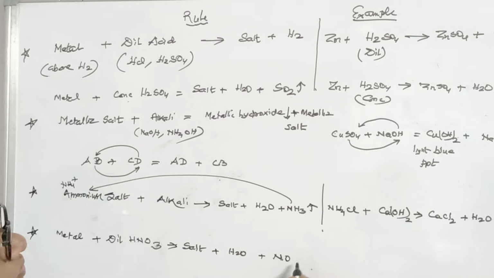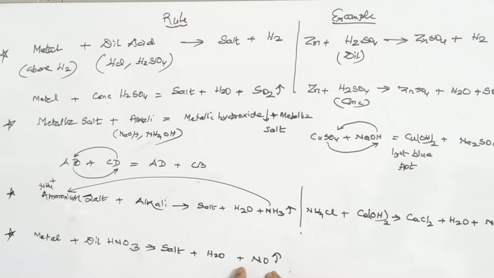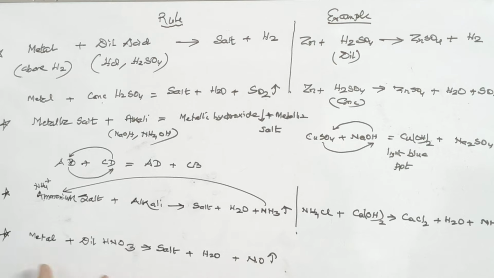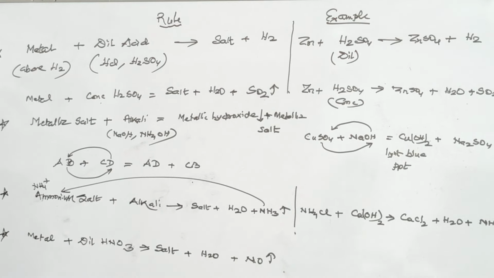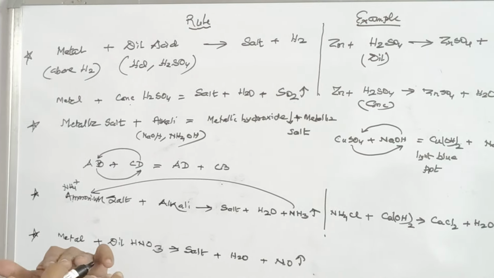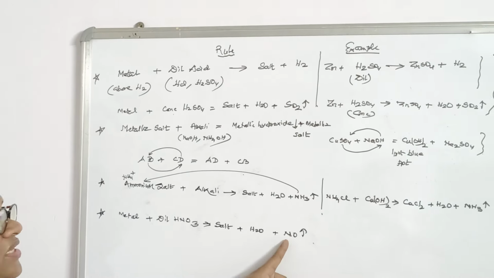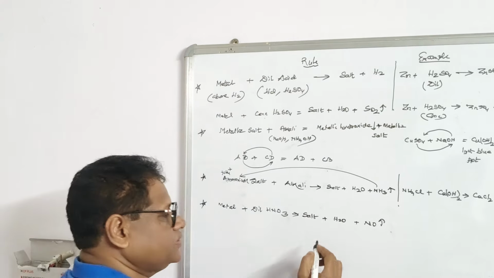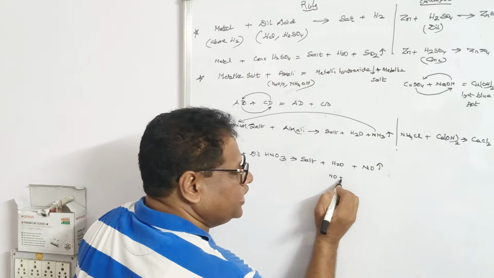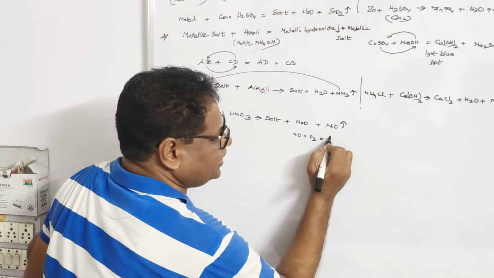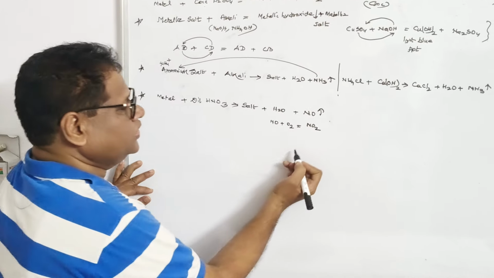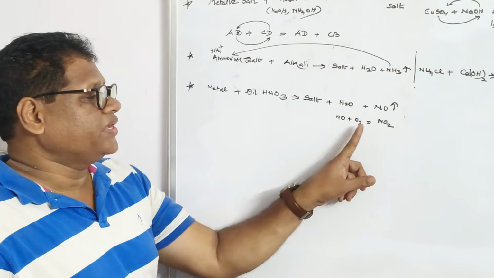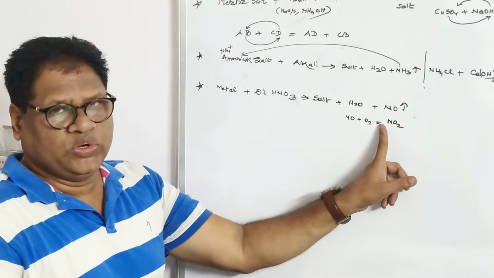This is the gas evolved. This gas has no color. But supposing you are preparing this gas using these reactants, just above the mouth of the test tube, this gas comes in combination with oxygen of the air and turns reddish brown: NO plus O2 gives NO2. So questions are asked, name a colorless gas that becomes reddish brown in contact with air. This is the equation going on.